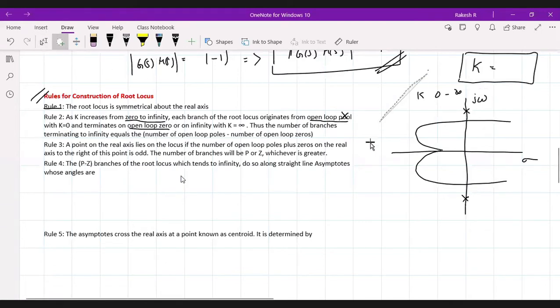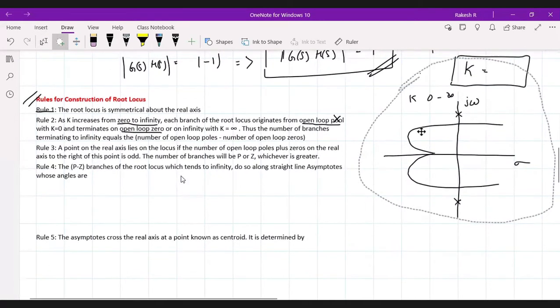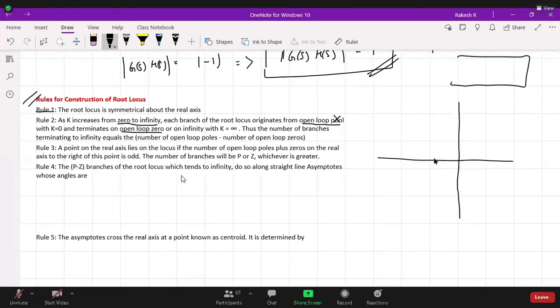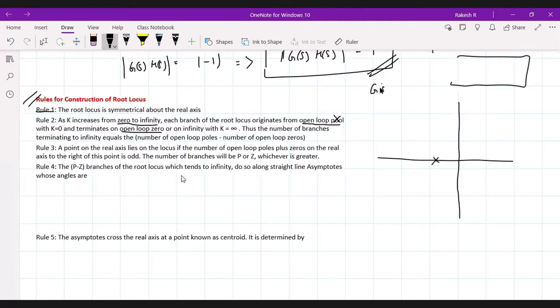Now how can I write this? I'll just show you. Let us say we have an axis like this. Pole means if I have G(s) in this manner, (1 plus s) divided by (1 plus 2 plus s), the poles will be in the denominator.